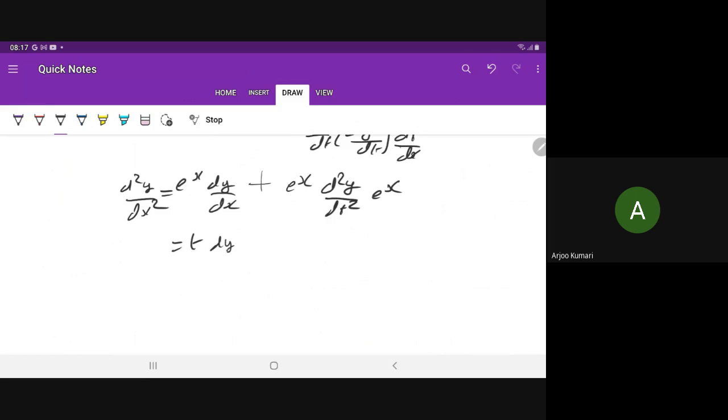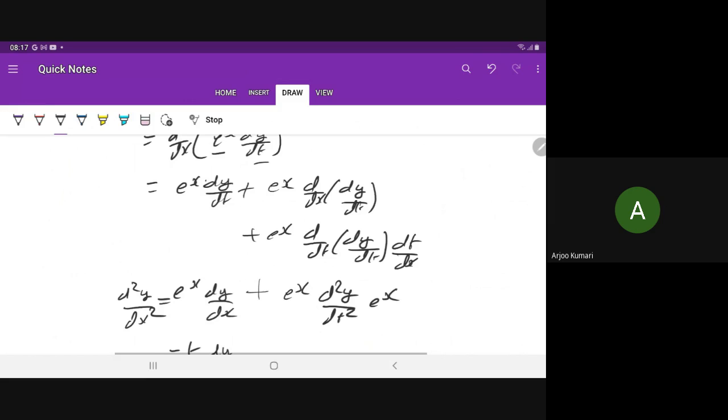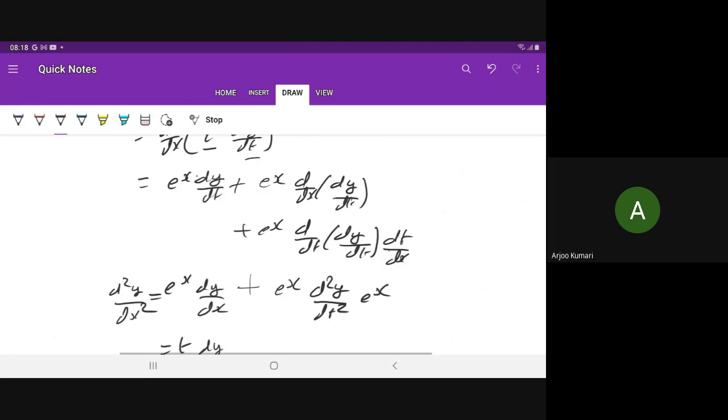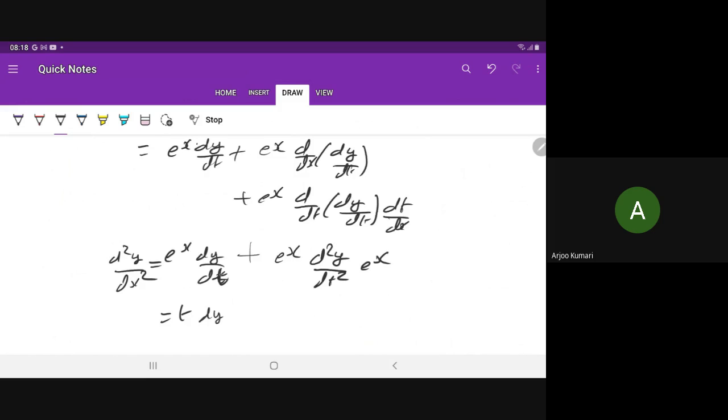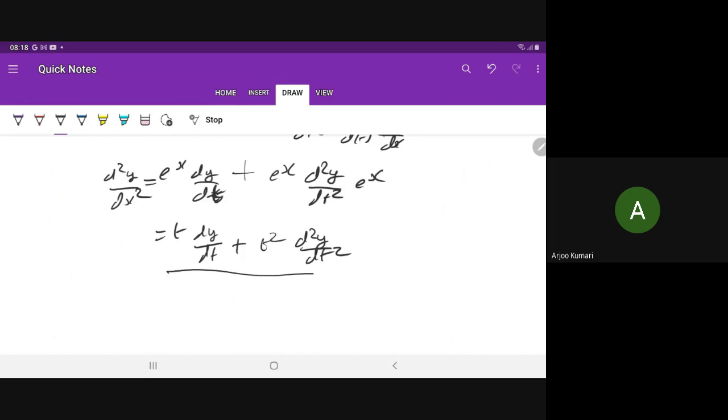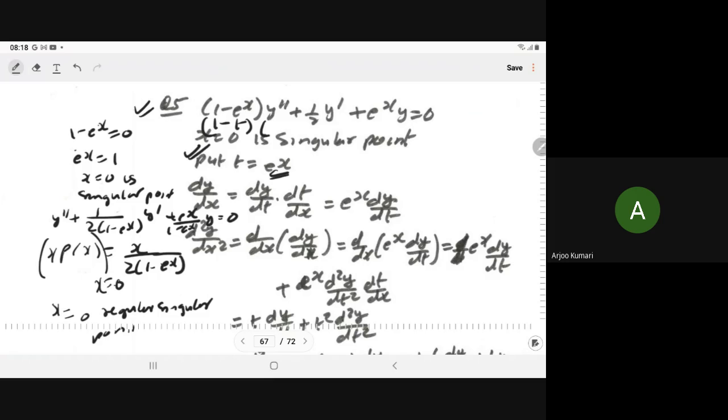And dy by dx is dy by dt times t. So on substituting the value of d2y by dx2 as t dy by dt plus t square d2y upon dt2, here you will get the equation.